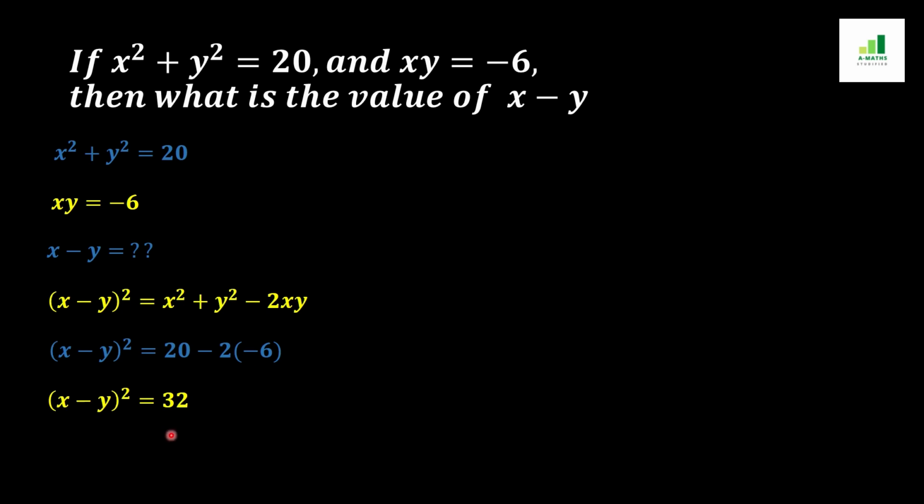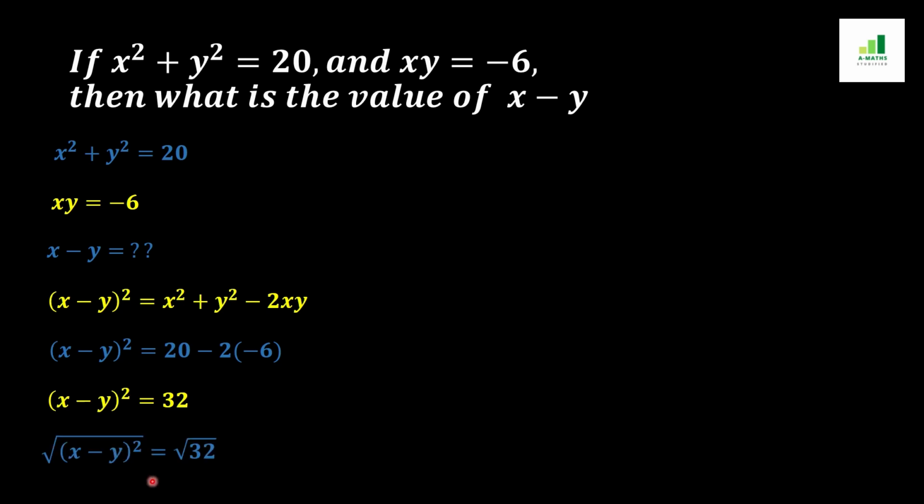Now I can see here that x minus y whole square value is equal to 32, but my target is to find the value of x minus y. So in order to convert x minus y whole square to x minus y, I will take the square root on both sides of the equation.